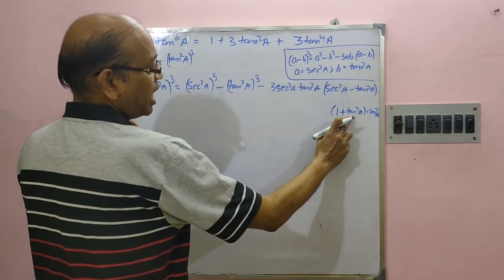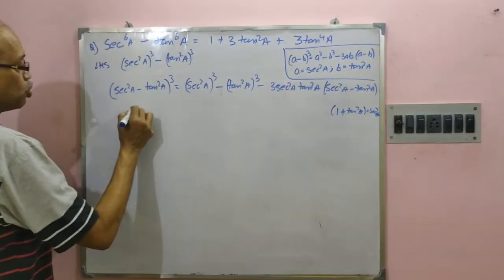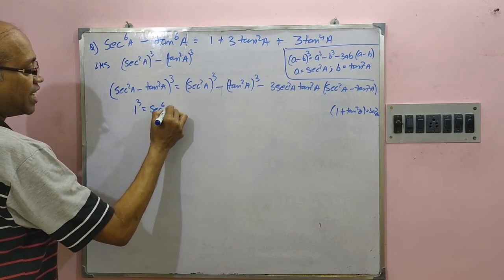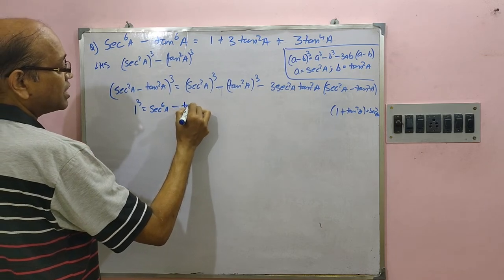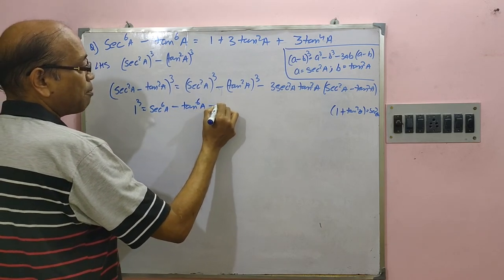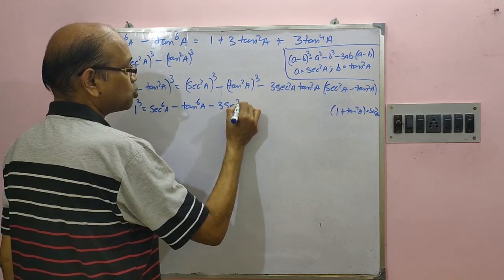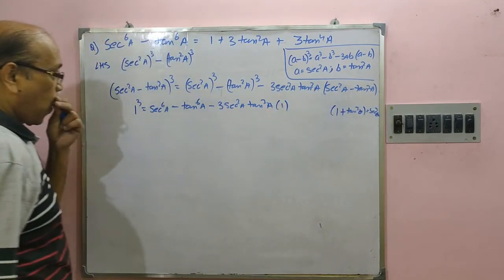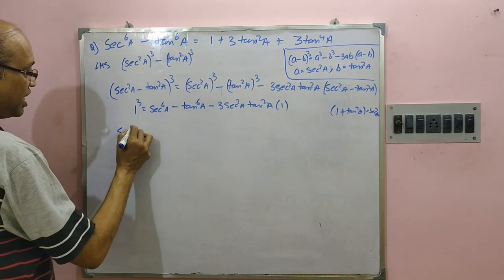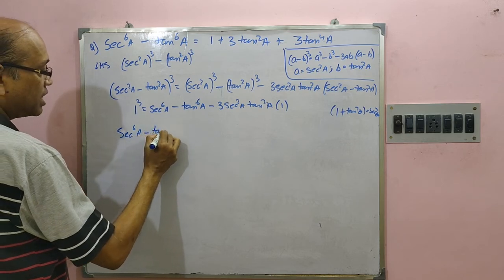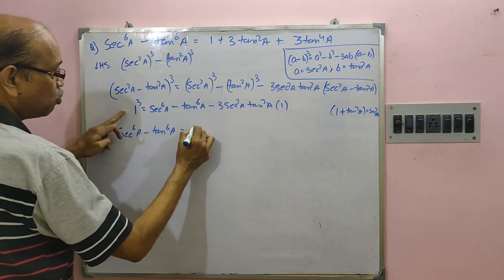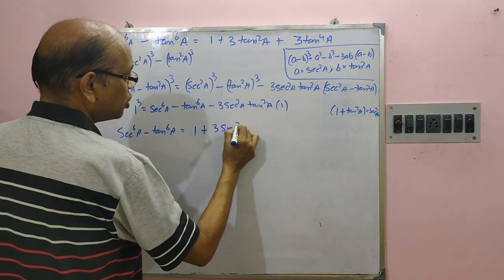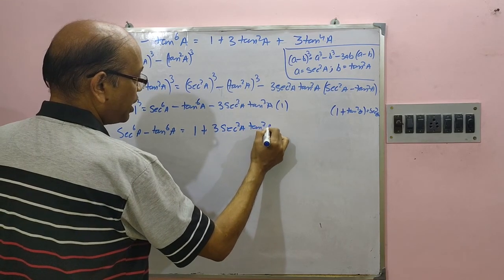Therefore, secant square theta minus tan square theta is 1. So this becomes 1 cube equals secant 6a minus tan 6a minus 3 secant square a tan square a, and this again becomes 1. Therefore, secant 6a minus tan 6a is equal to 1 plus 3 secant square a tan square a.